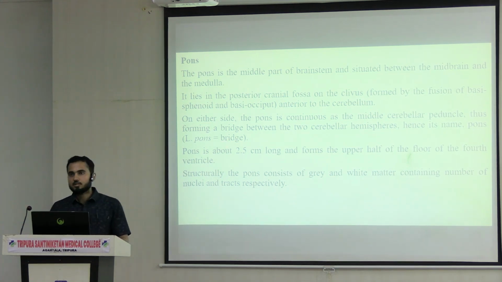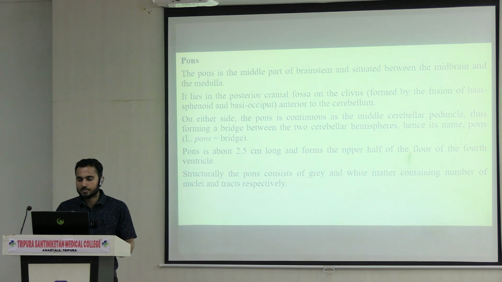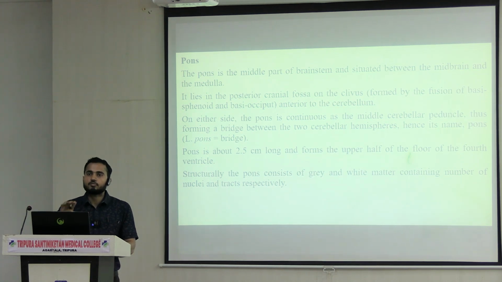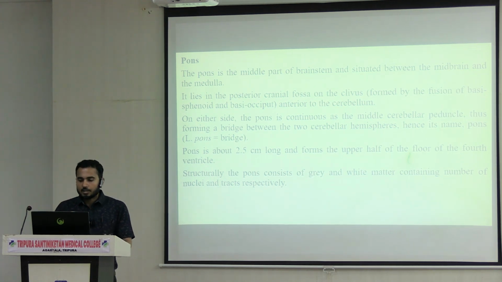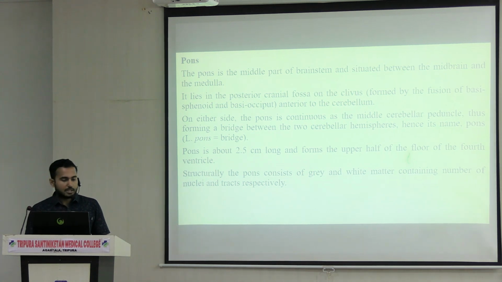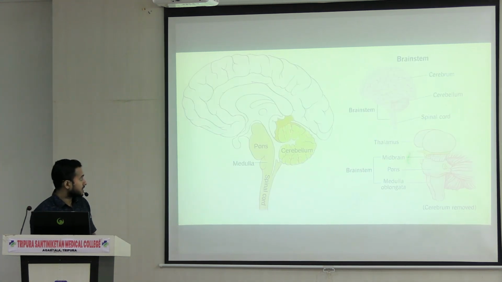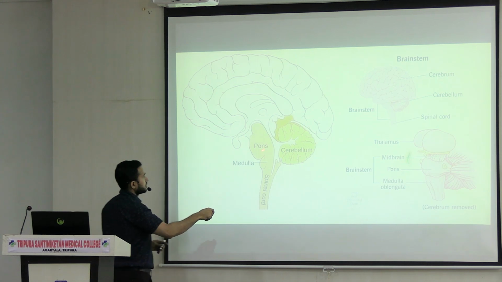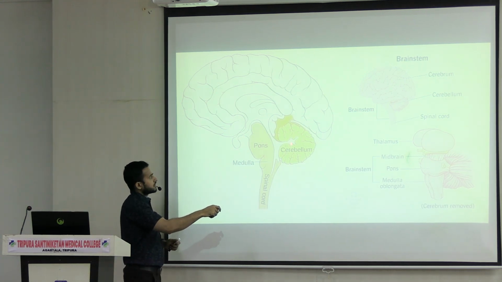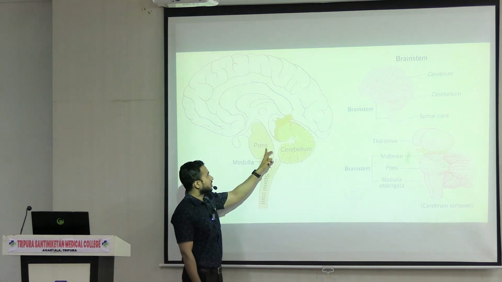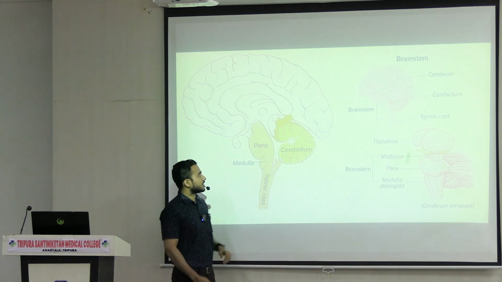If you see the dimension, it is approximately 2.5 centimeter long, and forming the upper part of the floor of the fourth ventricle. Next, here you can see the location of the pons. Just posterior to that you can see the cerebellum, and in between the cerebellum and the pons, the fourth ventricle is present.